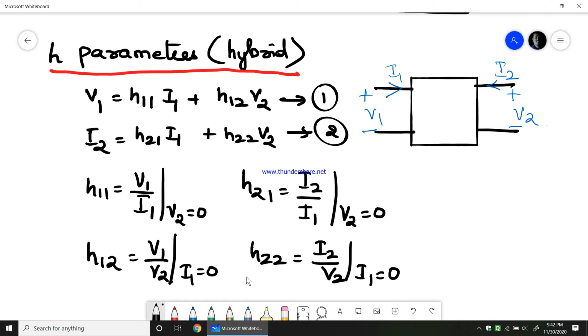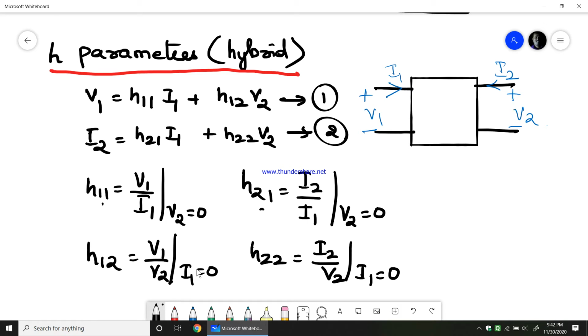Therefore, when we need to find H11 and H21, we short the output port because V2 equals 0. We short the output port and then find the parameters H11 and H21. If I want to find H12 and H22, I will make current I1 equals 0.